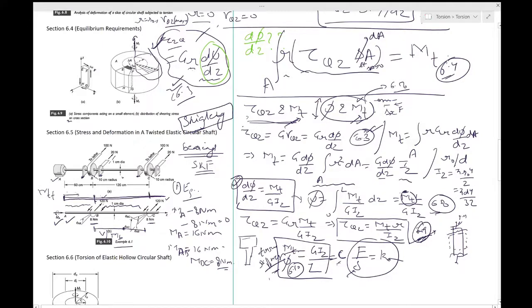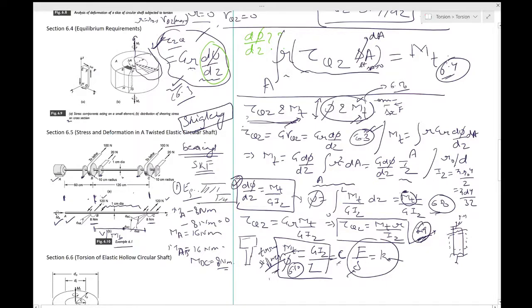First of all, take X from 0 to somewhere in the middle, then take your other X from here to somewhere between this and this, and then try to do the moment balance. That's how you should do this. So you should be able to draw this MAB and MBC on a diagram.